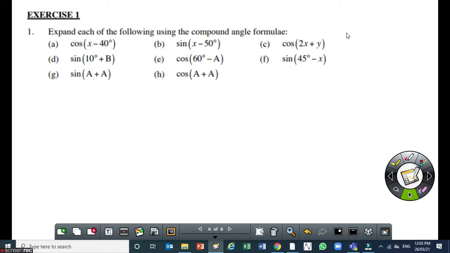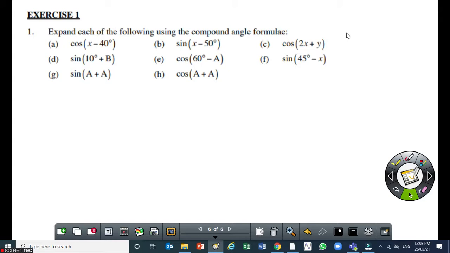Then sine alpha plus or minus beta is equal to sine alpha cos beta plus or minus cos alpha sine beta.